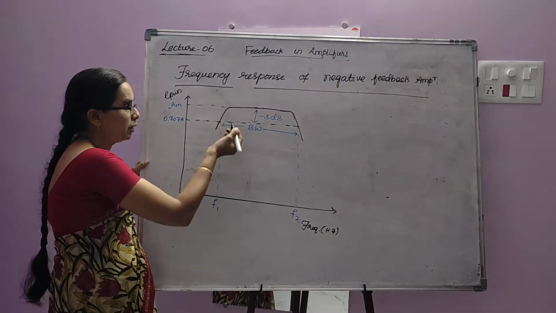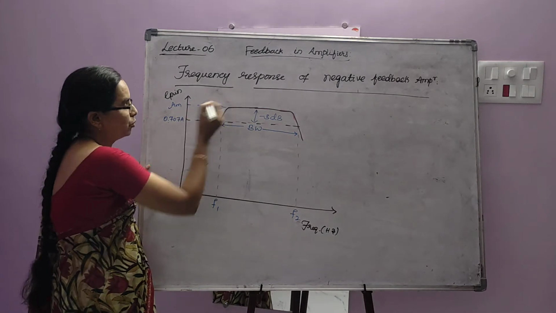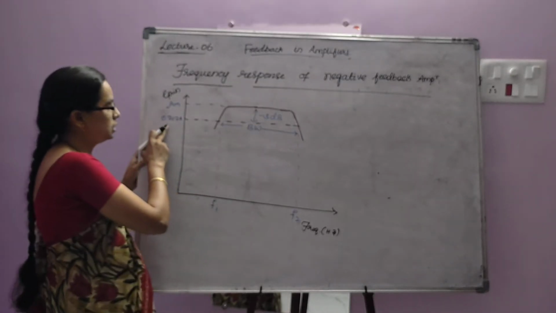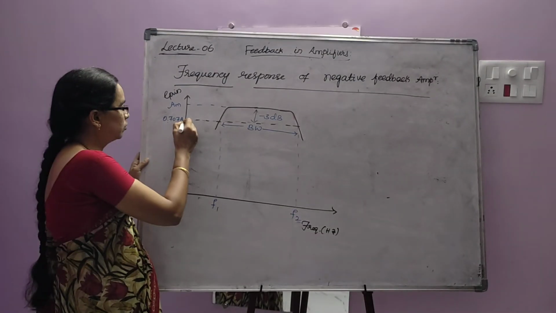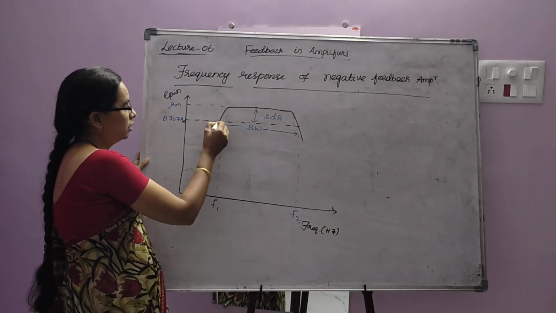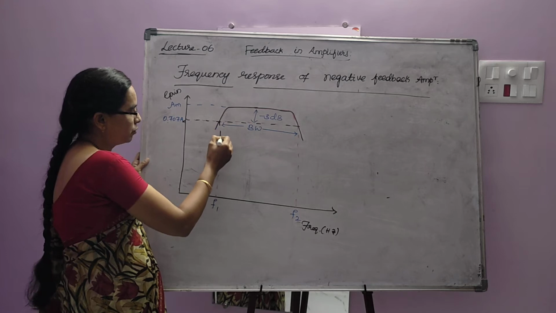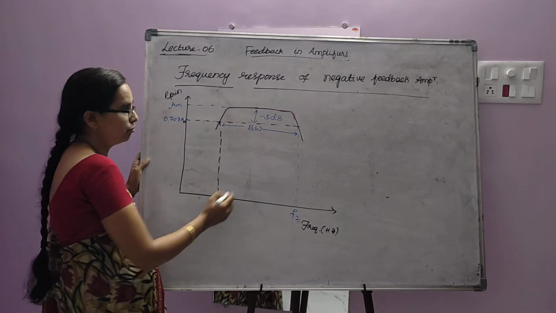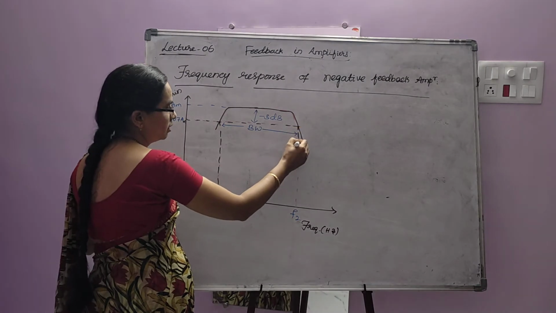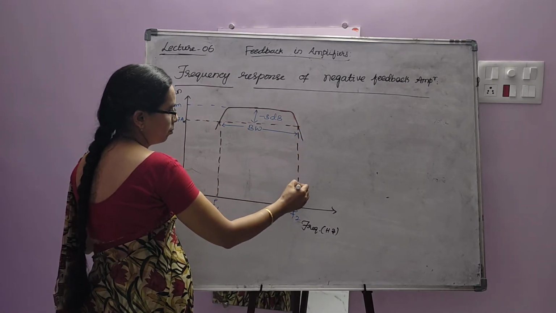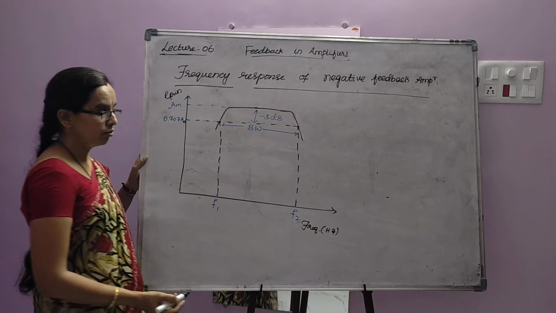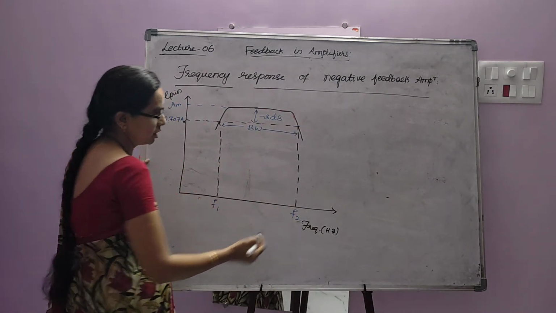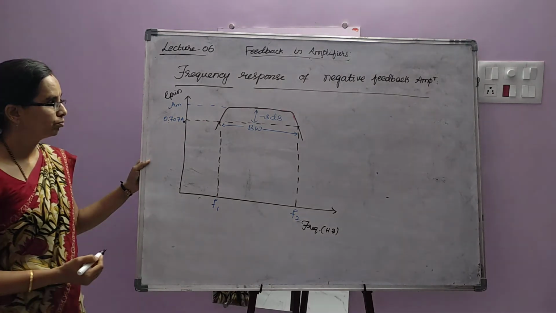Before applying the feedback, the gain is up to this, and the minus 3 dB level, that is 0.707 Am, will be here. It cuts the frequency at this point, and that is called F1. At the upper cutoff frequency, the minus 3 dB line cuts the frequency here, that is F2.